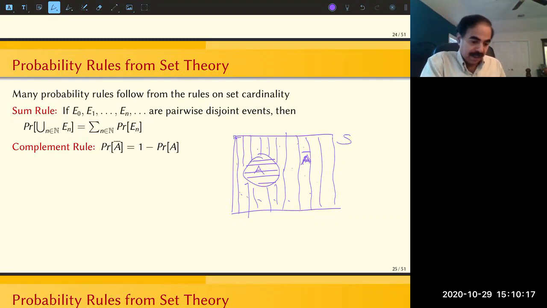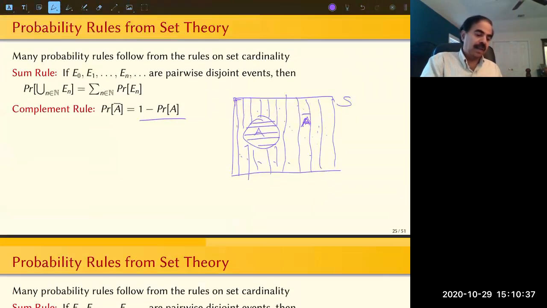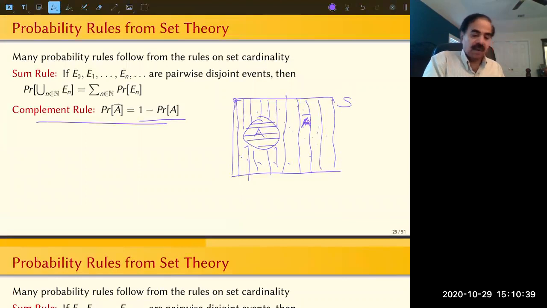And if the points all over inside this rectangle add up to one, then the points outside the circle are going to be given by one minus whatever is inside the circle, right? So the complement rule again follows from how we have defined the probability in terms of set theory.